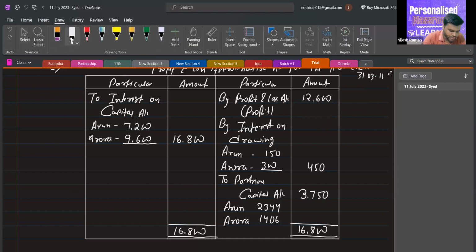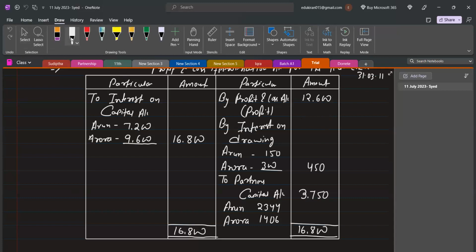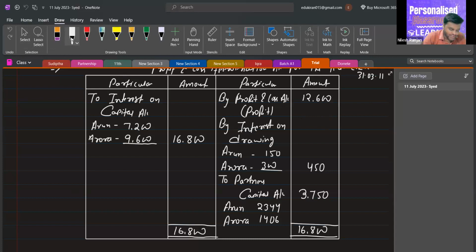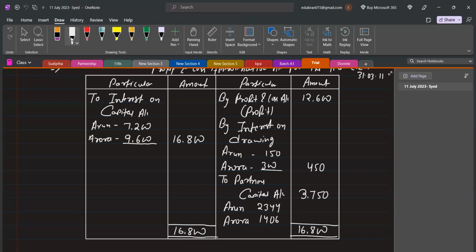It is given in the question actually. So what is the meaning of "before all above adjustments"? The line is saying that in the question there are some adjustments given.